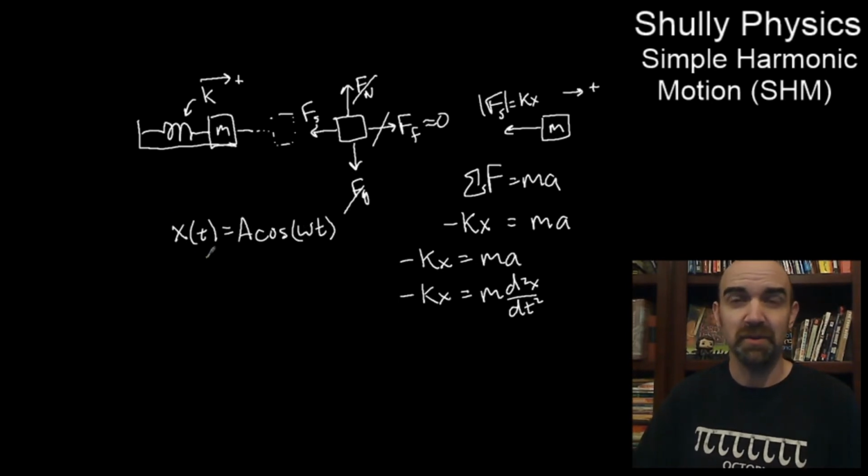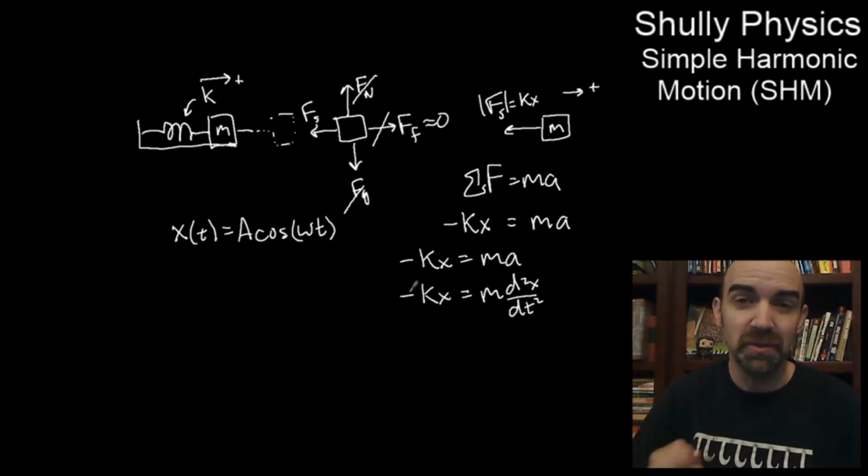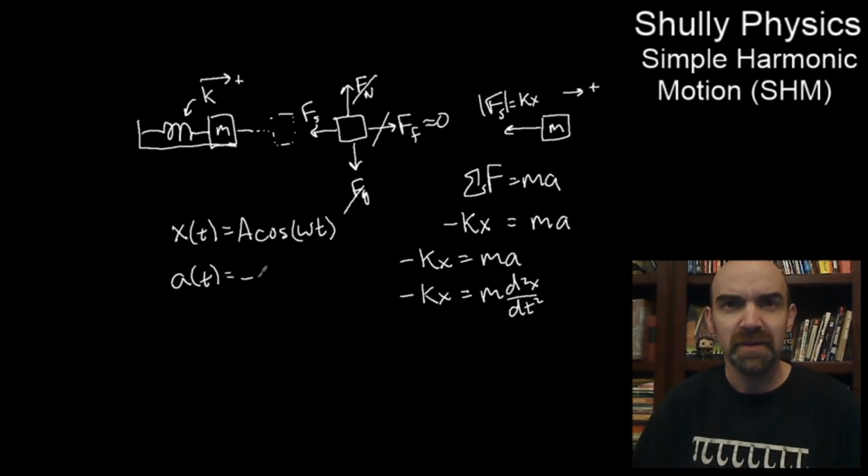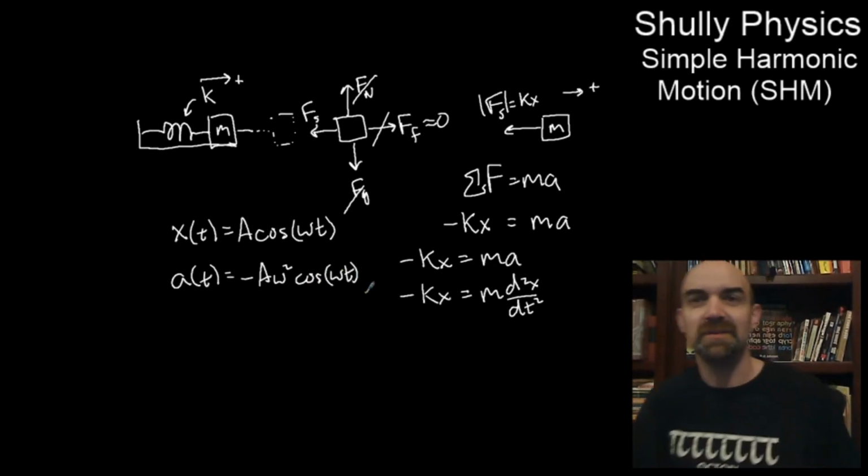We have a relationship between x and time, position and time. And from this expression, we also have a relationship between x and a, the acceleration. You might recall from the other page, negative A omega squared cosine omega t. And that's the acceleration.